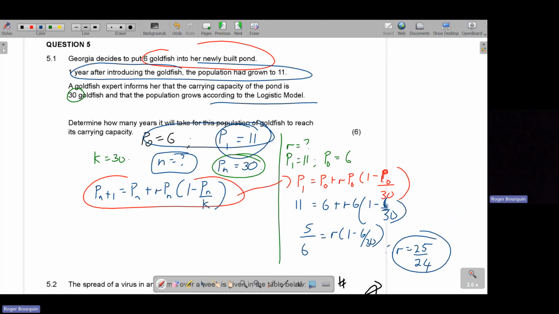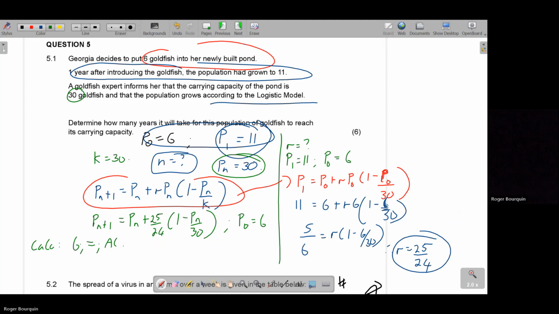So now we have a formula for this population: P(n+1) is equal to Pn plus 25 over 24 times Pn (1 minus Pn over 30). We also know that P0 is equal to 6. On your calculator, we're going to type 6, equals, and clear it. Now 6 is stored on your calculator.